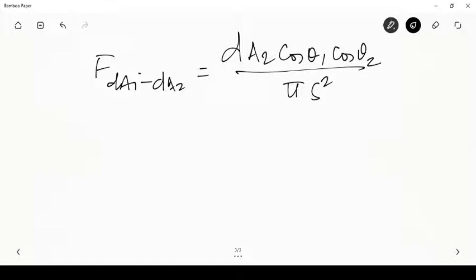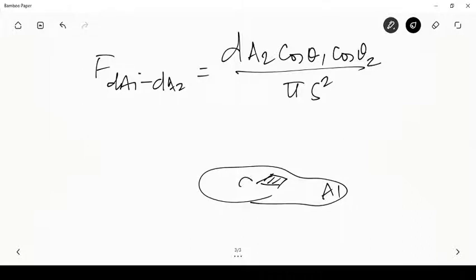Now we can integrate this to obtain the fraction of the energy that goes from surface A1 to surface A2. So there is a surface A1 here, out of which we have taken a small element dA1. So this is A1, this is dA1. Similarly, there is a surface A2 here, and we have taken an element surface dA2.